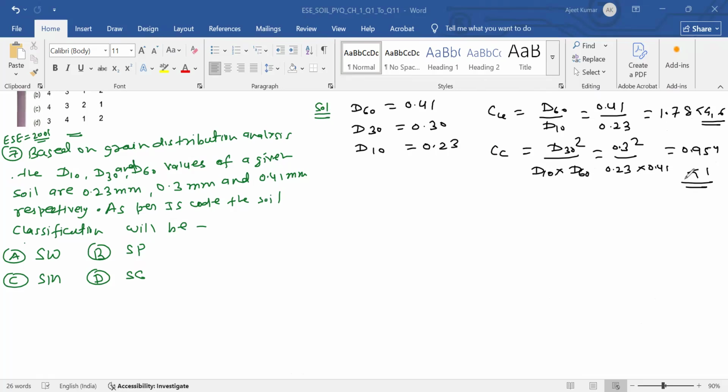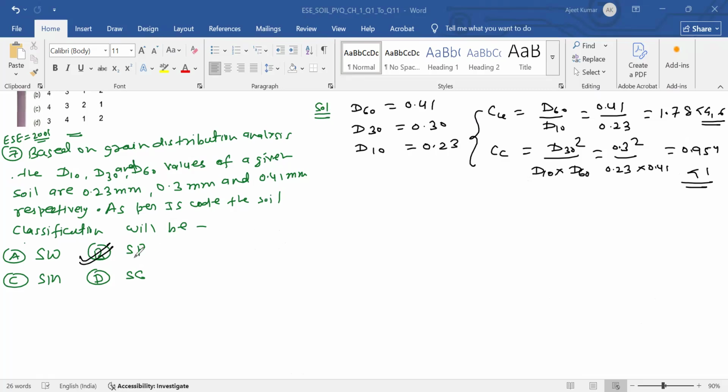For well graded gravel or sand, Cc will lie in 1 to 3, but this is less than 1, and Cu is also less than 4 or 6. So the soil will definitely be poorly graded. There is only one option for poorly graded, and this will be option B.